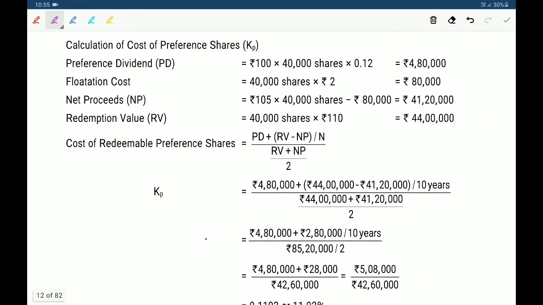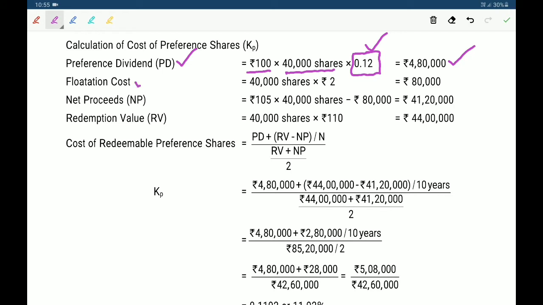So the answer is same. We calculated for one share; in the practice manual it is given for entire shares. That means preference dividend is first calculated: 100 rupees per share, 40,000 shares, 12%, that means 0.12 is the dividend per share. That means 4,80,000.